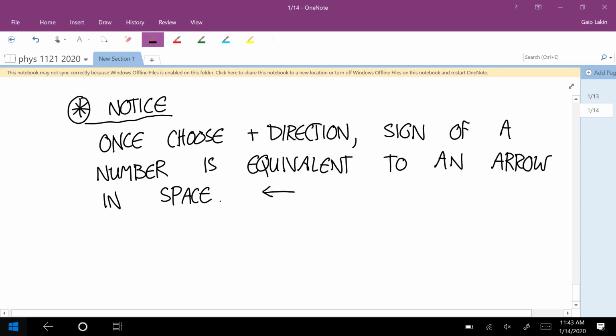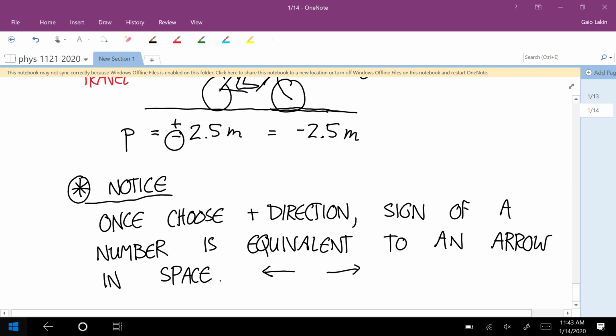So it's either that way along the line or that way along the line. And so you can always represent the direction in 2 ways. You can represent it by pointing an arrow in the direction of the value, or you can do it with the sign of the number.